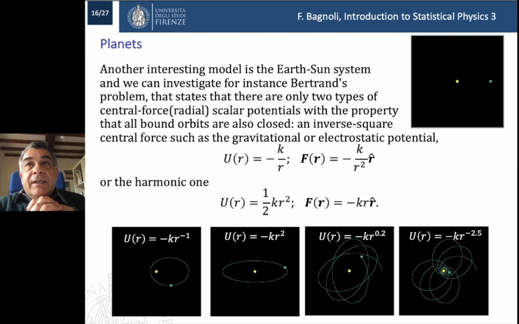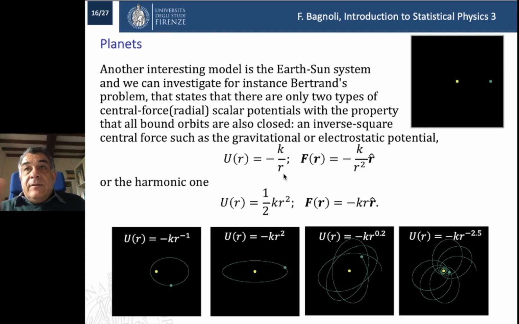since we have mentioned in the previous lessons the simulation of planets. So let's simulate planets here, and we can investigate, for instance, Bertrand's law or Bertrand's problem, which is an interesting observation that among all possible central forces, I mean forces that are directed from the planet towards the sun, only two give origin to closed orbits.